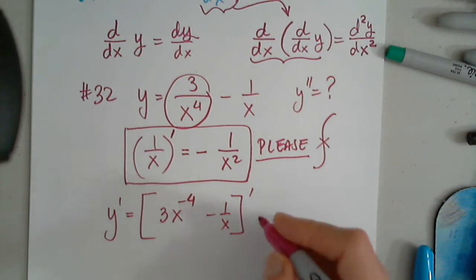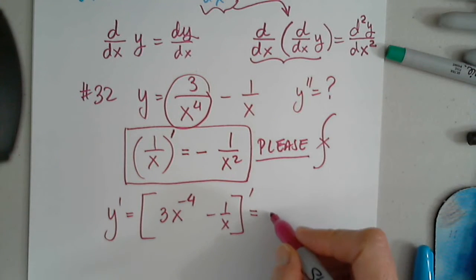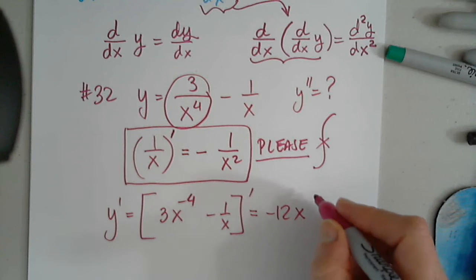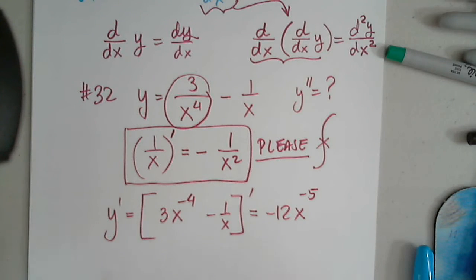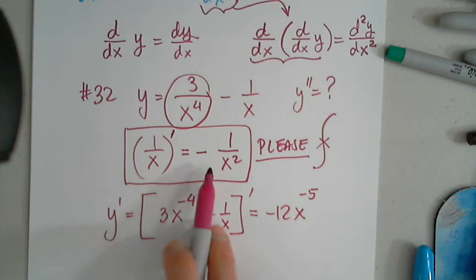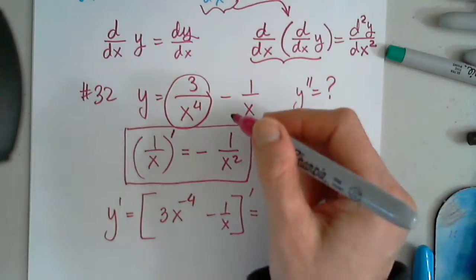Exactly. So now let's continue. This I know what's going to equal to for now. But when I differentiate this, what do I get? Who would like to help? The -5. Good. And of course, -1/x, because this is negative already, it will be positive 1/x².